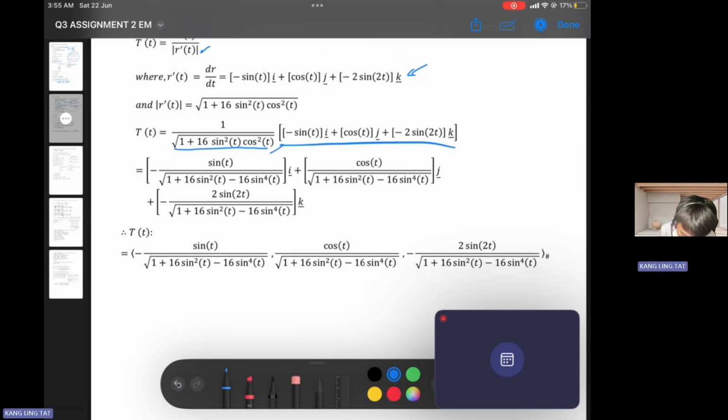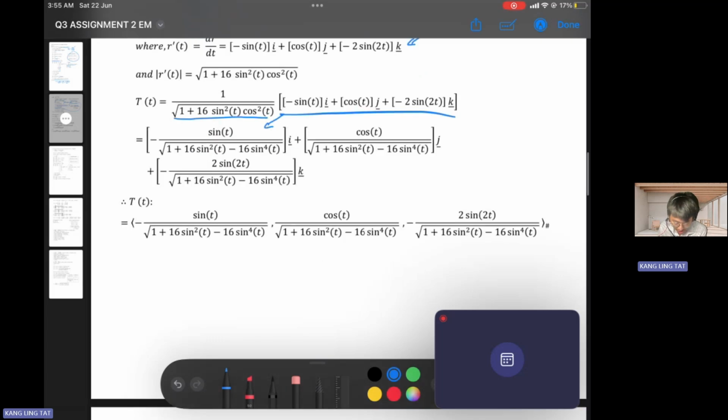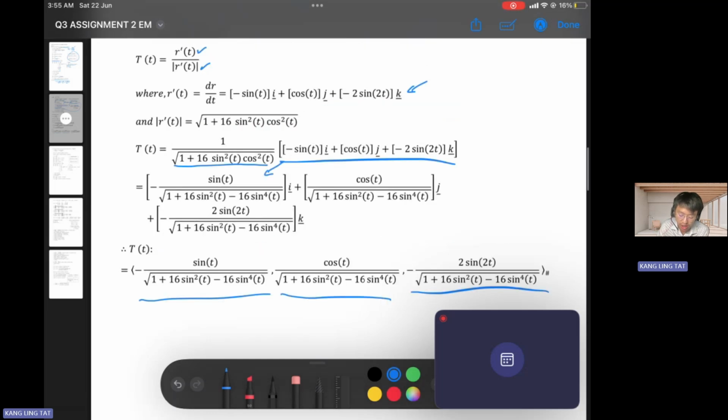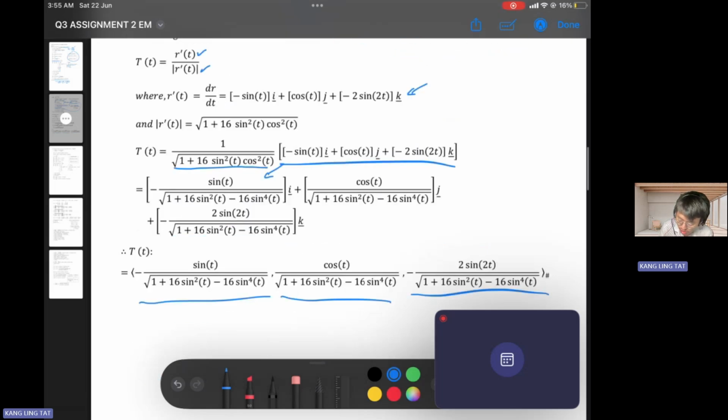If we expand it, this is what we get in terms of I, J, and K. And we can also pull out the coefficients of I, J, and K. So here is the coefficient in front of I, here is the coefficient in front of J, and here's the coefficient in front of K. So basically, this is our end answer for the unit tangent vector. So that is question 3A being solved.